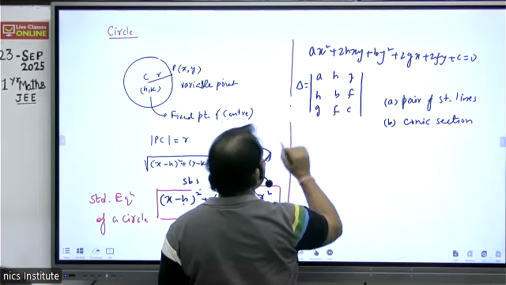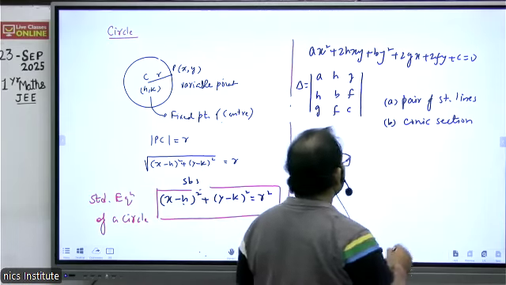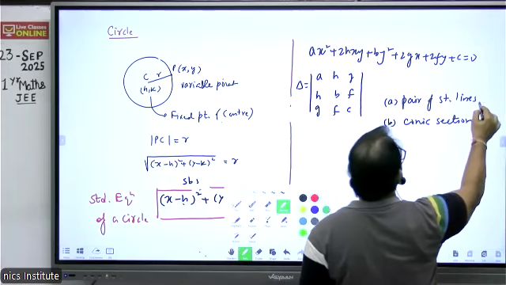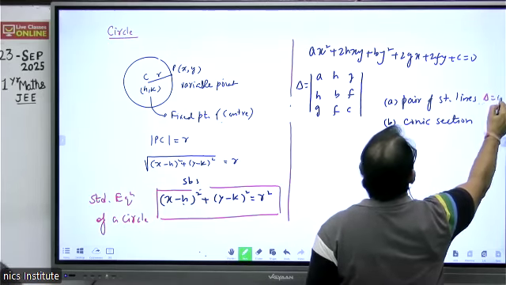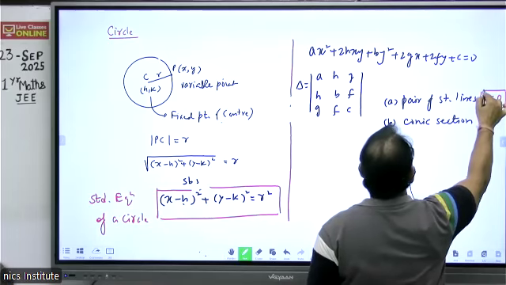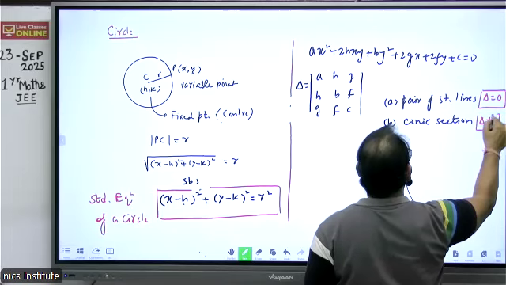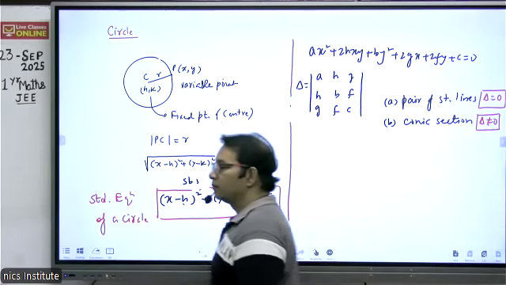This value of delta decides whether it's a pair of straight lines. तो अगर delta 0 होगा, it will be pair of straight line. If delta is not 0, it would be a conic section.